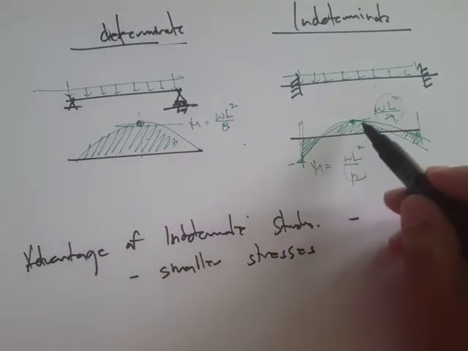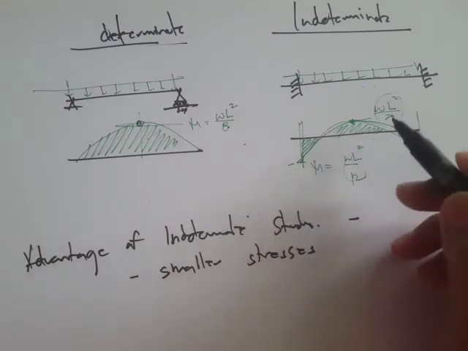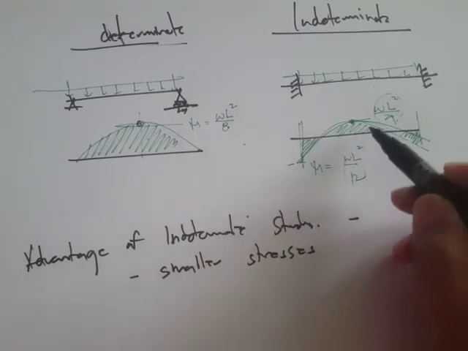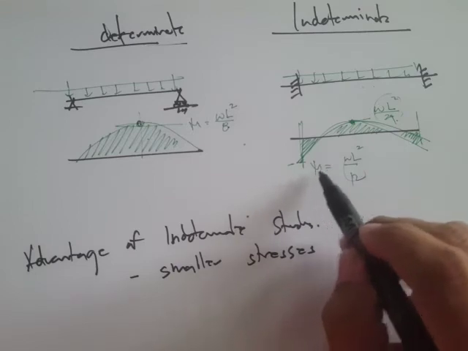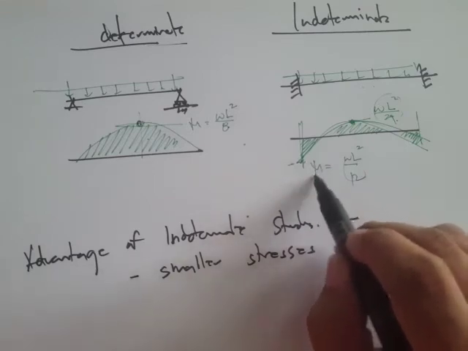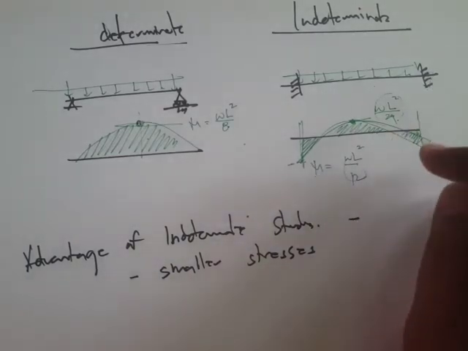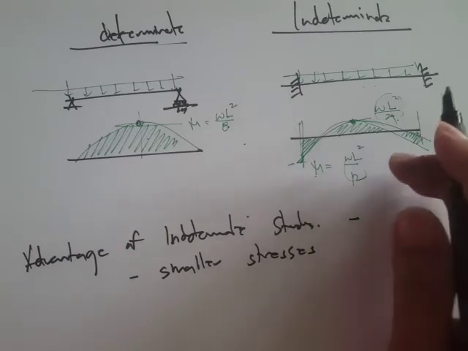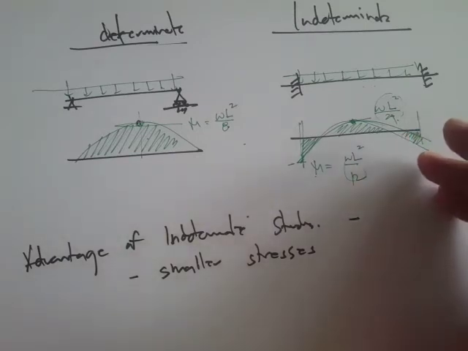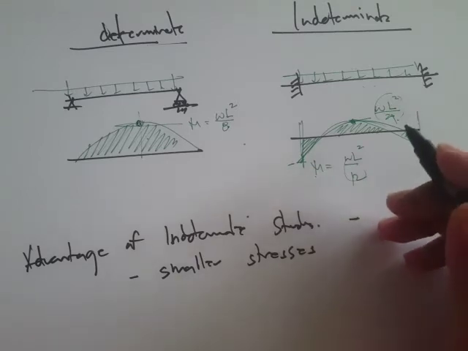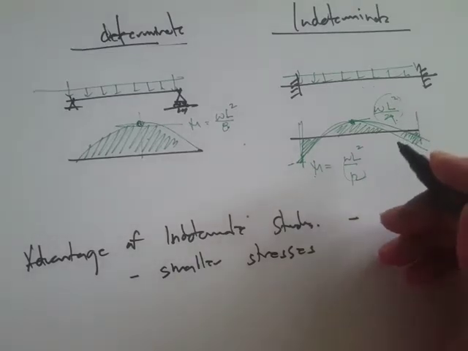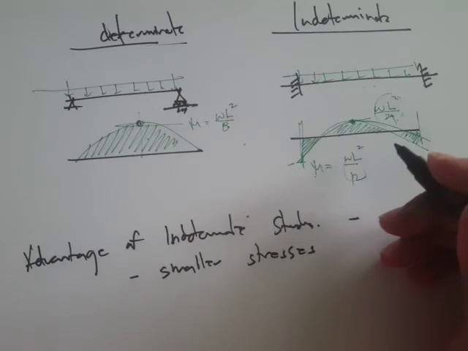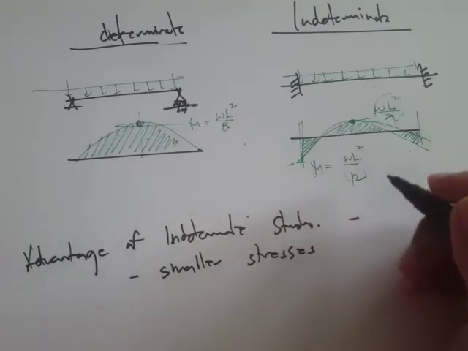Whereas here we'll have a smaller value. Actually, not that one, I think this one. You have smaller stresses, so meaning that you'll have a smaller cross section. So if your cross section is small, then you'll have intuitively a lower cost for the materials.